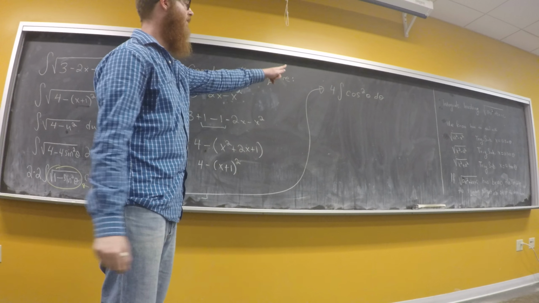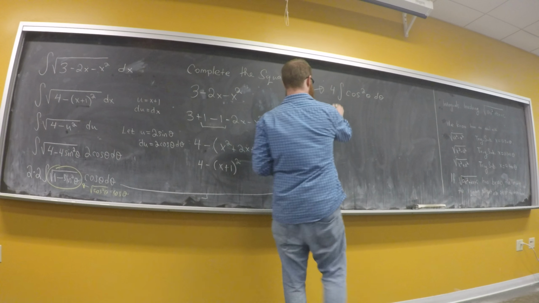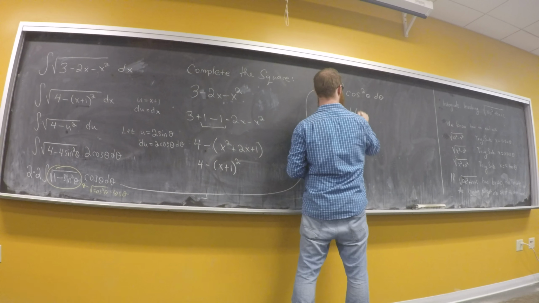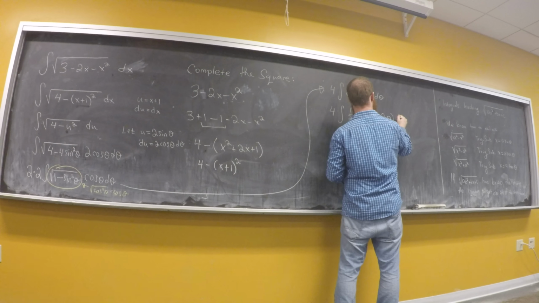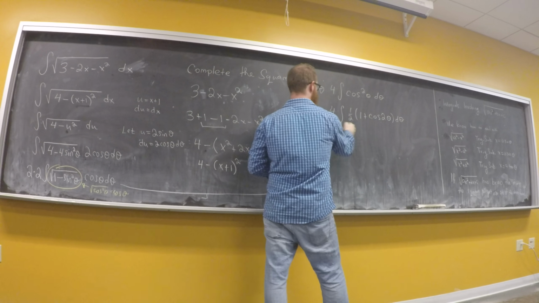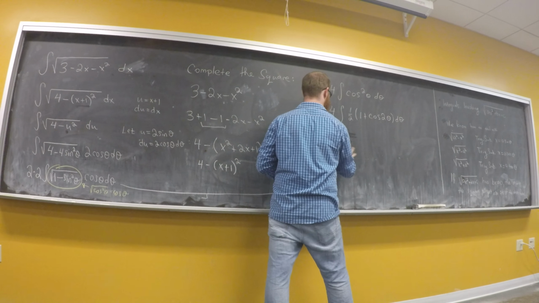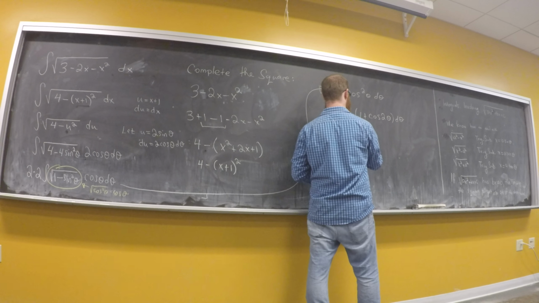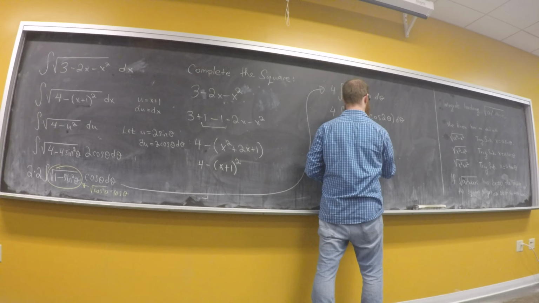Again, we've seen this integral already today, so let's do what we know we need to do, right? Cosine squared is 1/2 times 1 plus cosine of 2 theta. 4 times 1/2 is 2. And here when we integrate, we get 2 times theta plus sine of 2 theta over 2.